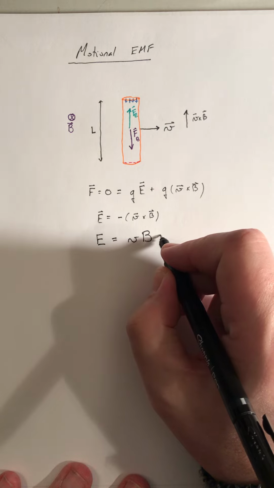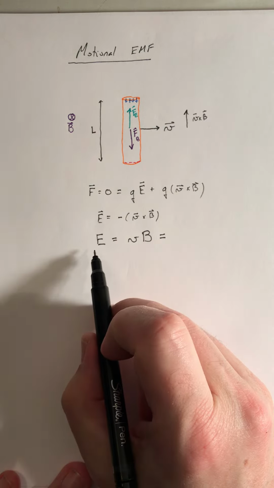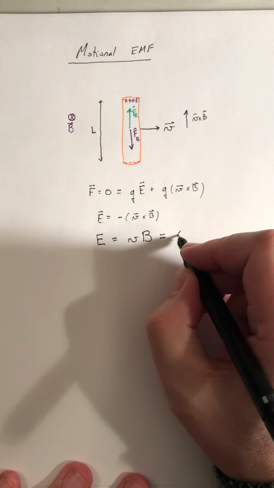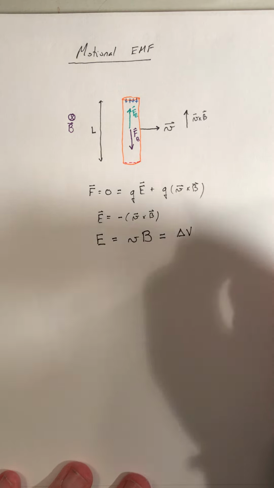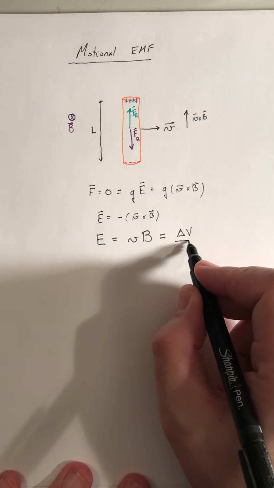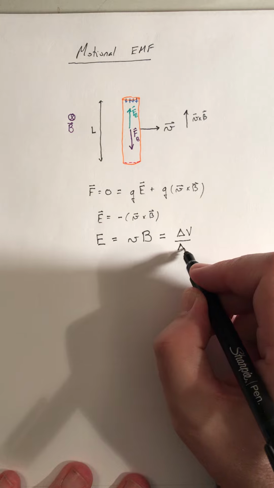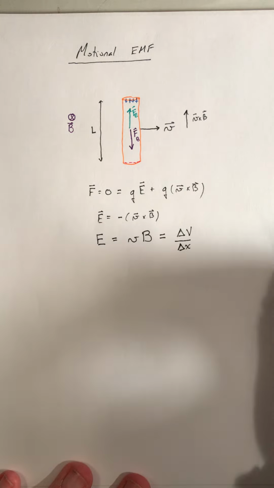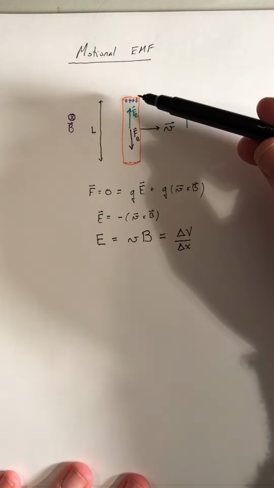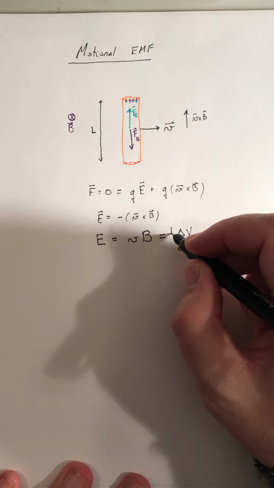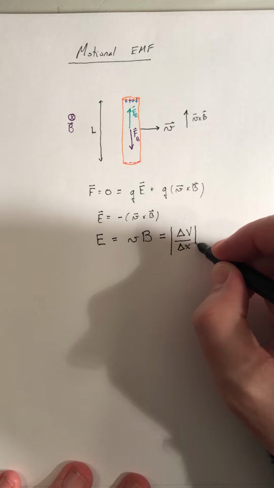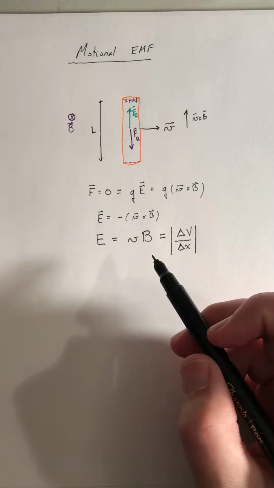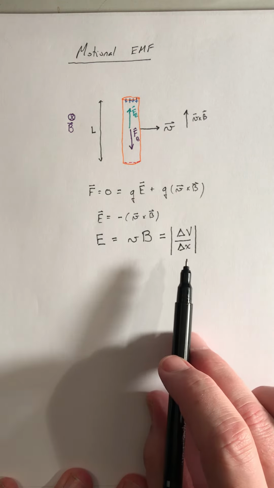We also know that we can think of that electric field as being a change in potential over a change in distance. And I should put absolute values there because we're talking about the magnitude of a vector.